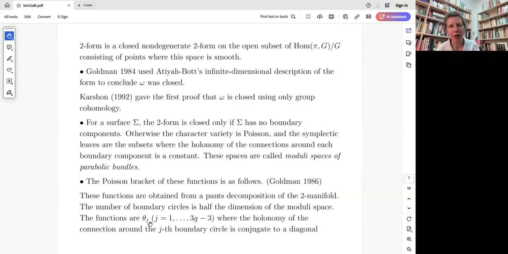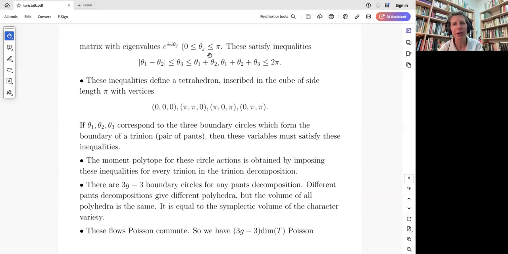The functions can be written as theta sub j, where j goes up to 3g minus 3, where the holonomy of the connection around the jth boundary circle is conjugate to a diagonal matrix with eigenvalues e to the i theta j and e to the minus i theta j.